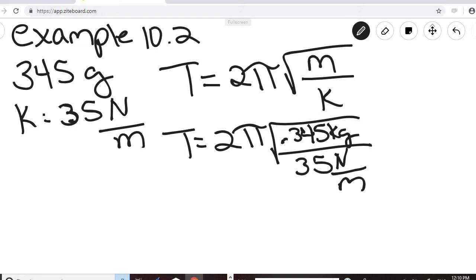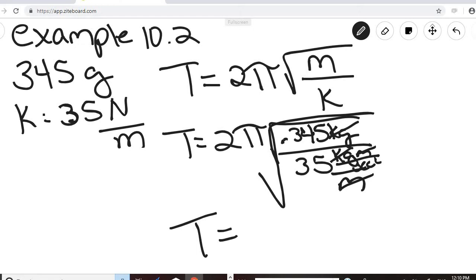I'm going to go ahead and put this in just so we can see units. A newton, as you know, is a kilogram meter per second squared. Make sure you know that this whole thing is under the square root. So kilograms will cancel, meters will cancel. You'll be left with seconds squared, and when we take the square root of that, you're going to get seconds.